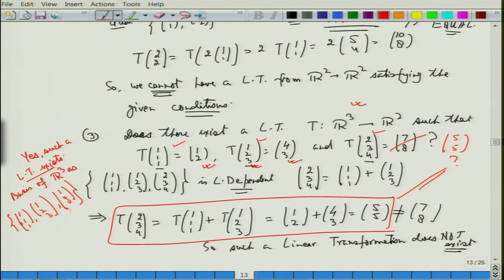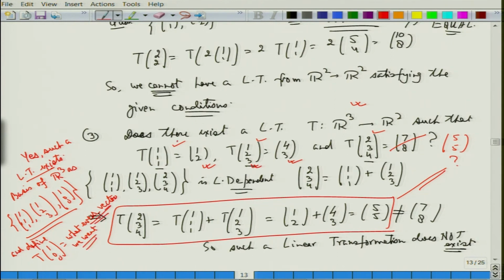Fine, because I cannot get (1, 0, 0) from the other two, I can easily see. And therefore I can take this and define T of (1, 0, 0) as whatever vector we want.